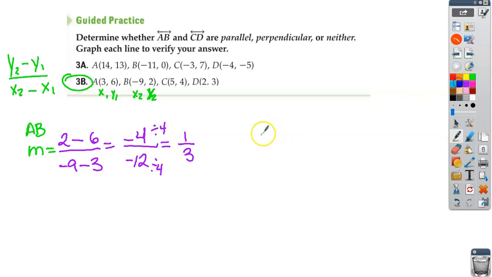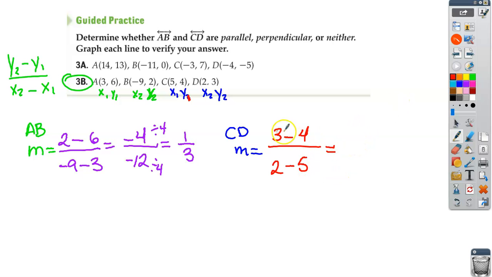Cool. So that's my first slope. Now I need to do the CD slope. So this will be my x1, y1, x2, y2. Plugging those in, I get y2 first. No, it looks like a 2, but that's a 1. Y2 first, which is 3, minus y1, which is 4, over x2, which is 2, minus x1, which is 5.